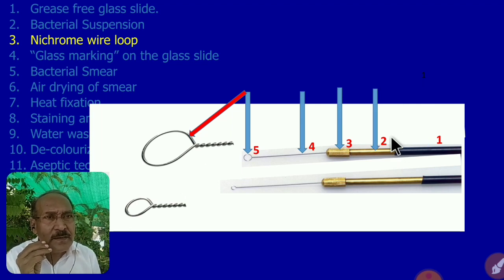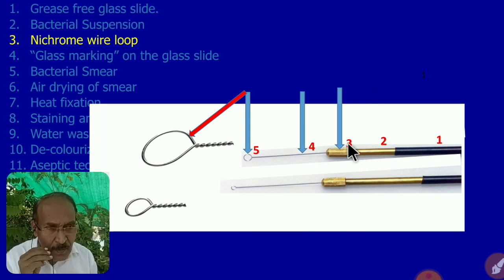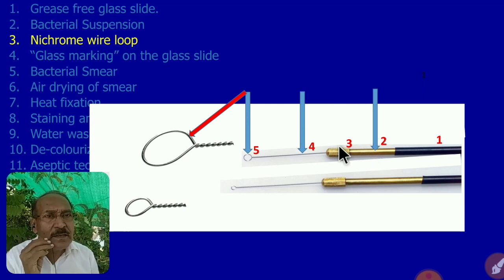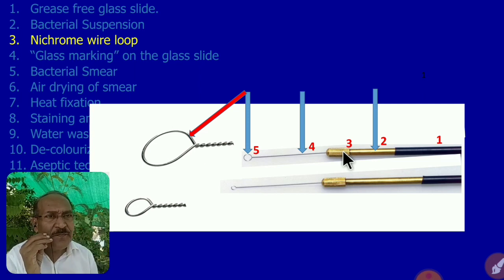Second part is a metal holder, which can be made up of, say, bronze or stainless steel. Third part is a screw cap on the metal holder. This screw cap has a small hole through which this wire can be pierced in and can be held properly, perfectly at the tip of this metal holder.